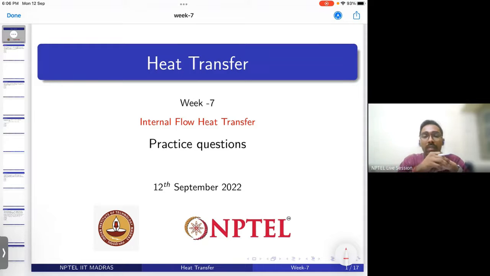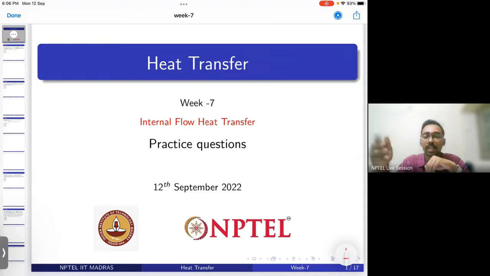Then we moved on to two conditions, constant heat flux and constant temperature conditions, and the governing equations for both were discussed, and the Nusselt number for these conditions for a fully developed flow was also derived.